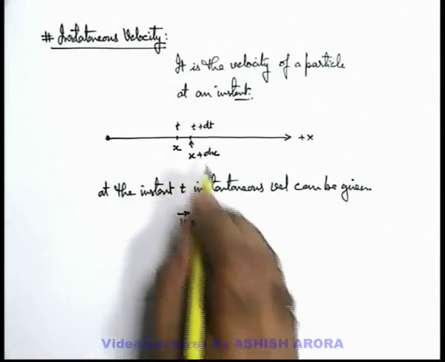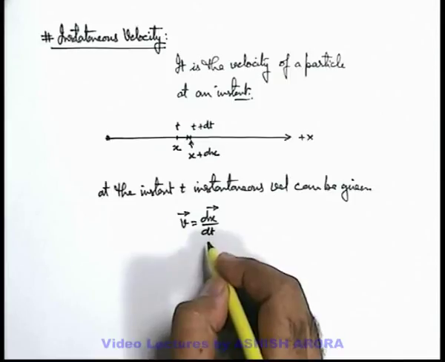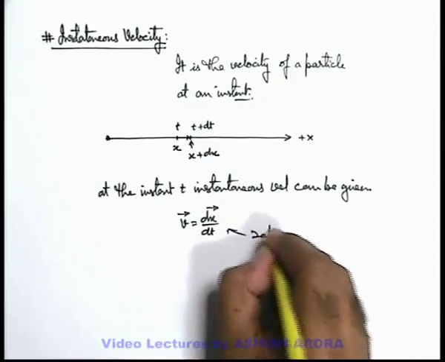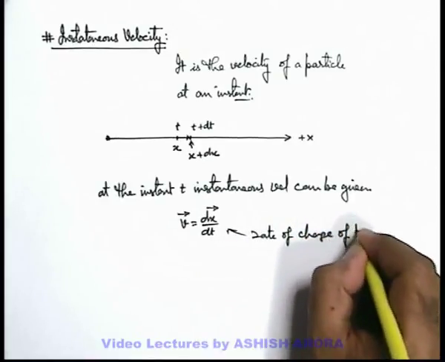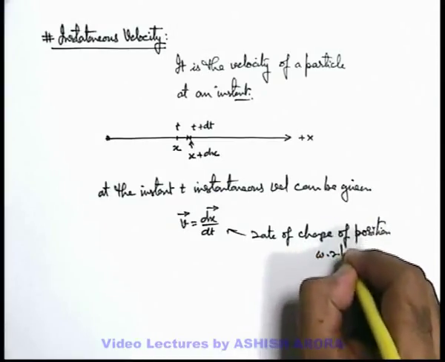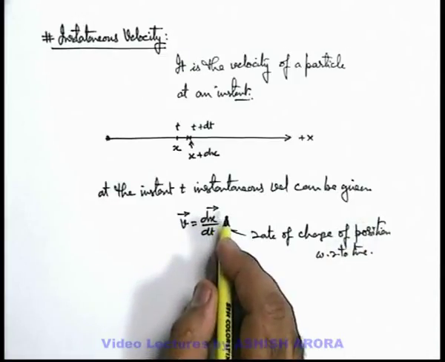The v vector can be written as the dx vector, which is in this direction, divided by dt. So you can simply state it is the rate of change of position with respect to time. This is giving us the instantaneous velocity.